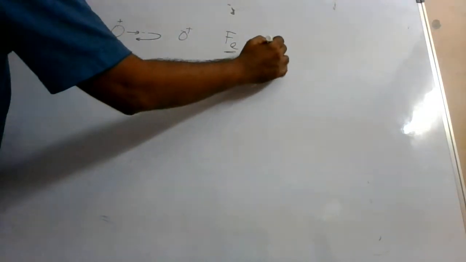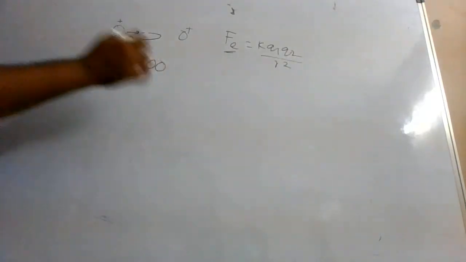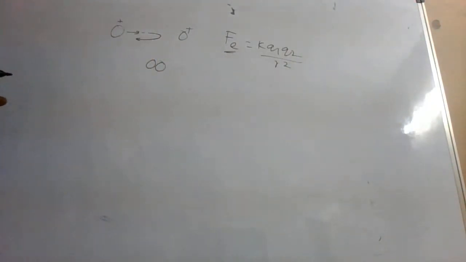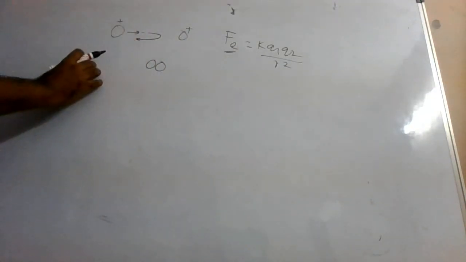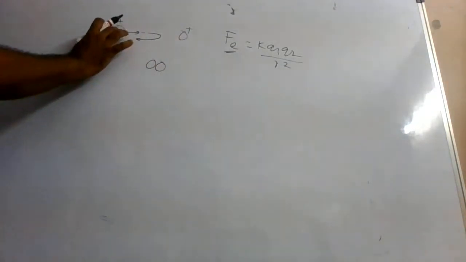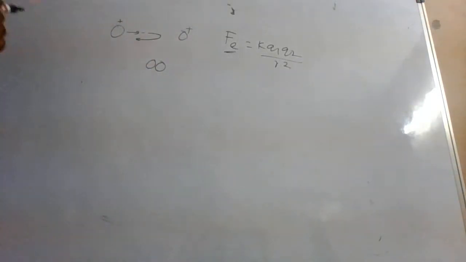What is Fe? It is k Q1 Q2 by R square, where R is the distance between the two charged particles. So if you try to bring them together, this will go, but after some distance it will repel. The repulsive forces will be very strong.